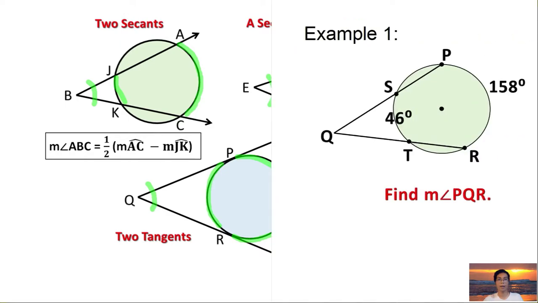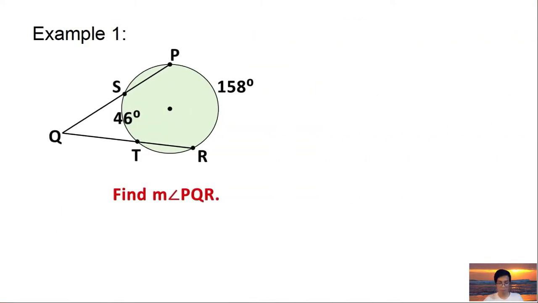So, let's apply the theorem with example number 1. Let's find the measure of angle PQR. So, in the figure, si angle PQR is this angle. Ano daw ang sukat ng angle na yon? So, una muna natin gagawin is we write down our formula. Applying our theorem, we can say that the measure of angle PQR equals 1/2 times the quantity.